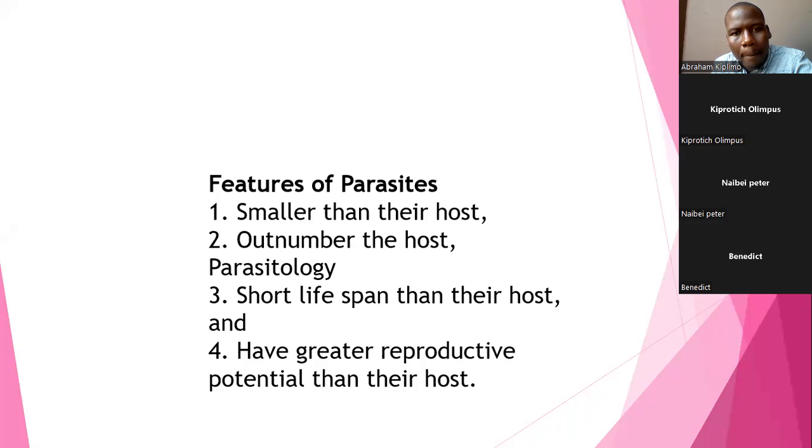Secondly, they outnumber the host. Then short lifespan compared to their host. Fourth, greater reproductive potential than their hosts. Very true. Those are the features of parasites.